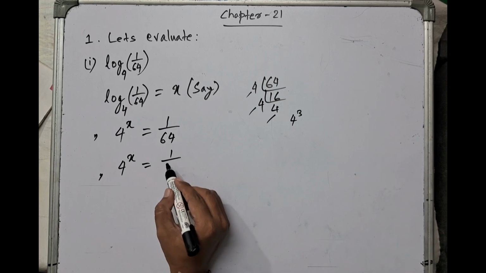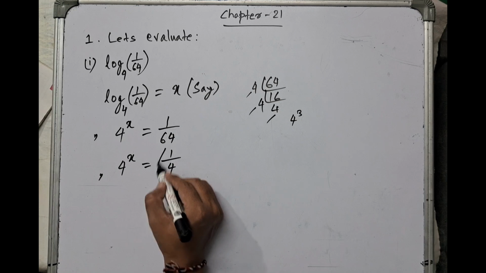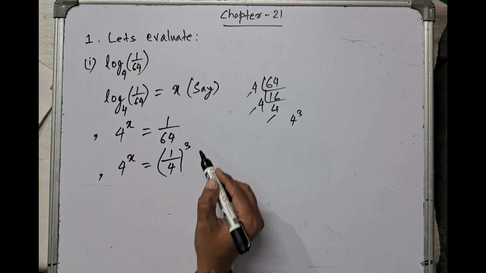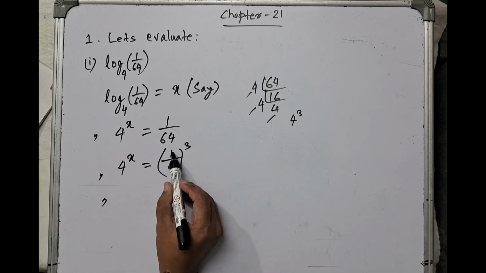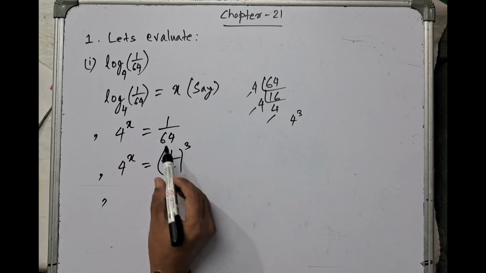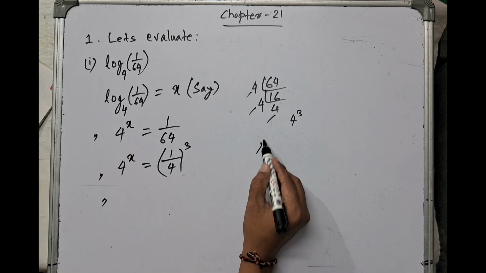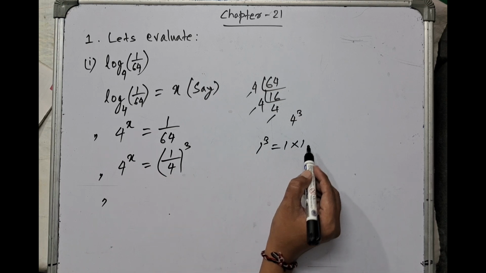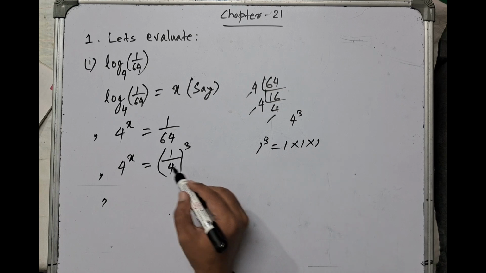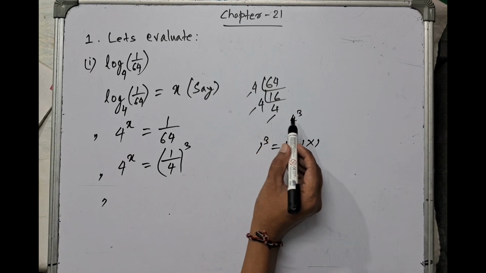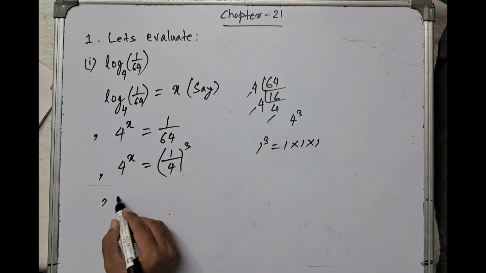So instead of 64 I write 4 and then put a whole cube. 1 cube means 1 into 1 into 1, which gives us 1, and 4 cube means 4 into 4 into 4, which gives us 64.